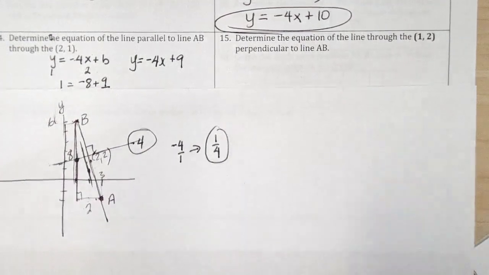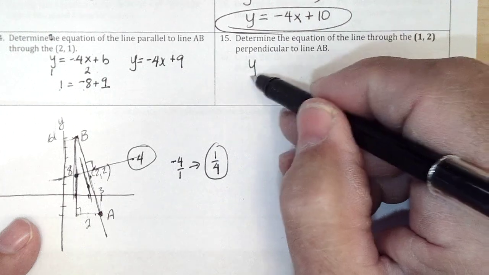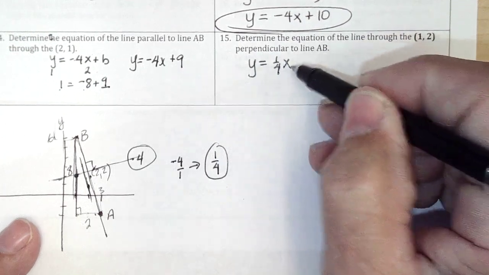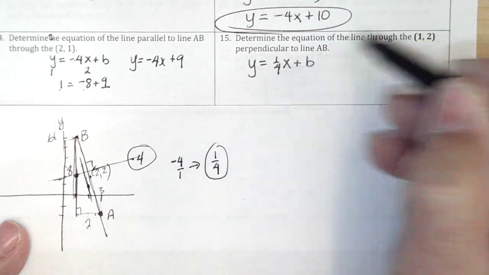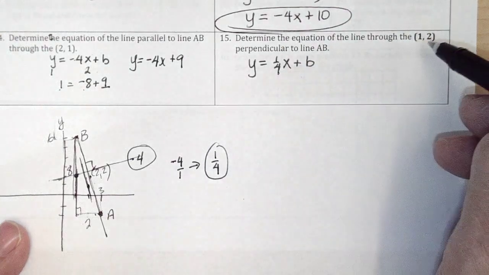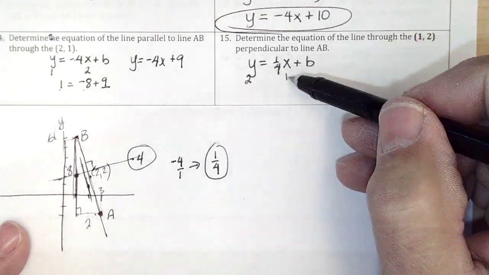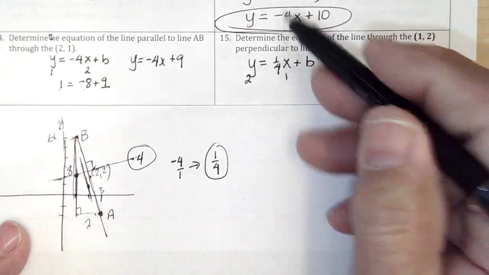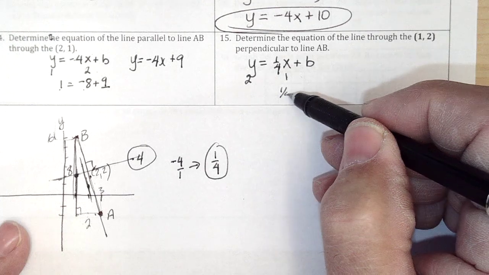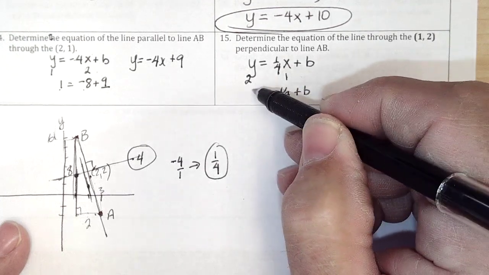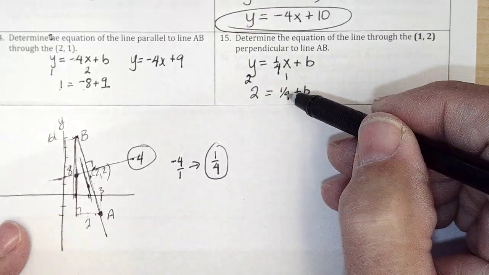And the equation would be y equals 1/4 x plus some y-intercept. But it has to go through (1, 2). So if I put 1 in there, 1 times 1/4 is 1/4 plus something has to make 2.